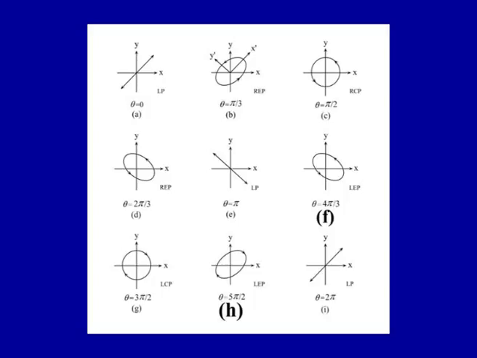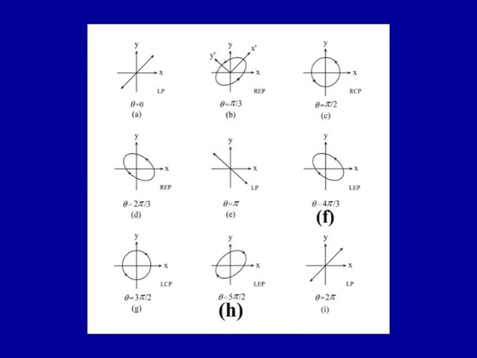If the phase difference is pi by 2 or 3 pi by 2, this means half a vibration or 3 half vibrations, the result is a circular vibration. This is called circularly polarized light, right circularly or left circularly, depending on whether the tip of the electric vector rotates in the anti-clockwise or clockwise direction.